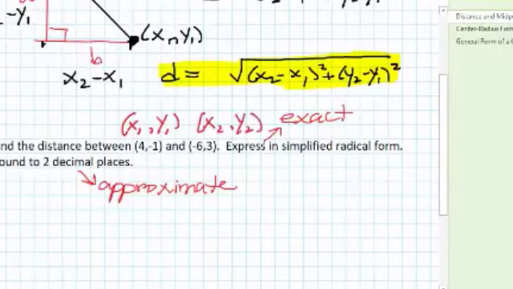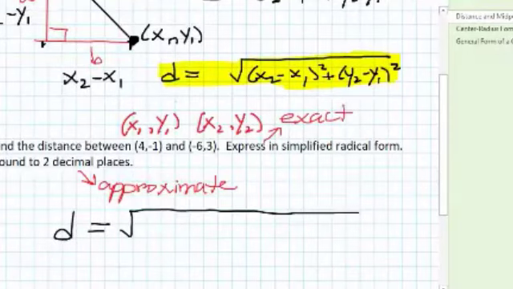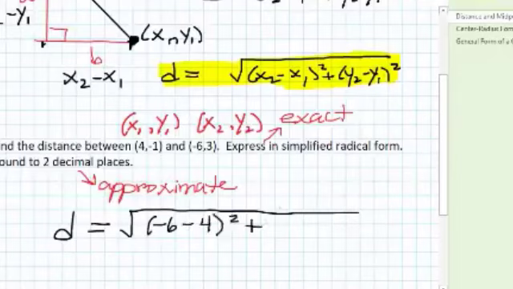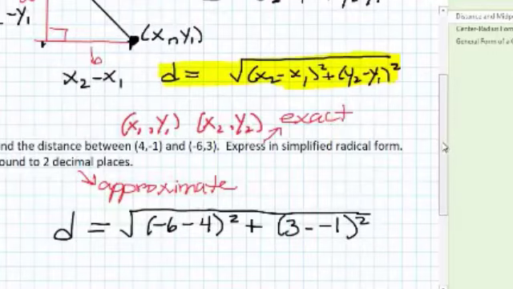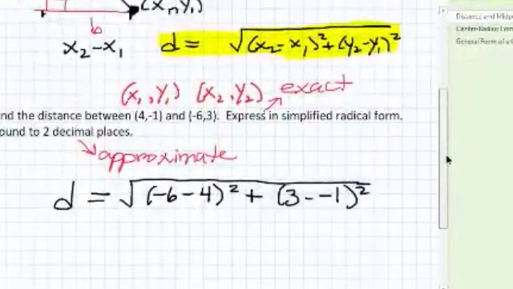Okay, so plugging into the formula then, we have the distance is equal to the square root, and then we have x2 minus x1, so that's going to be -6 minus 4 squared plus y2 minus y1, so 3 minus -1. And I purposely picked 2 points that have negative coordinates because I want you to make sure and pay attention that you don't make sign errors.